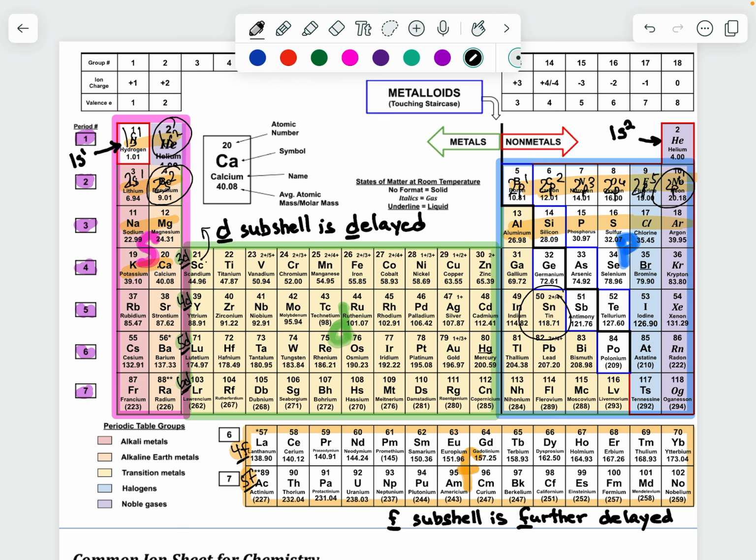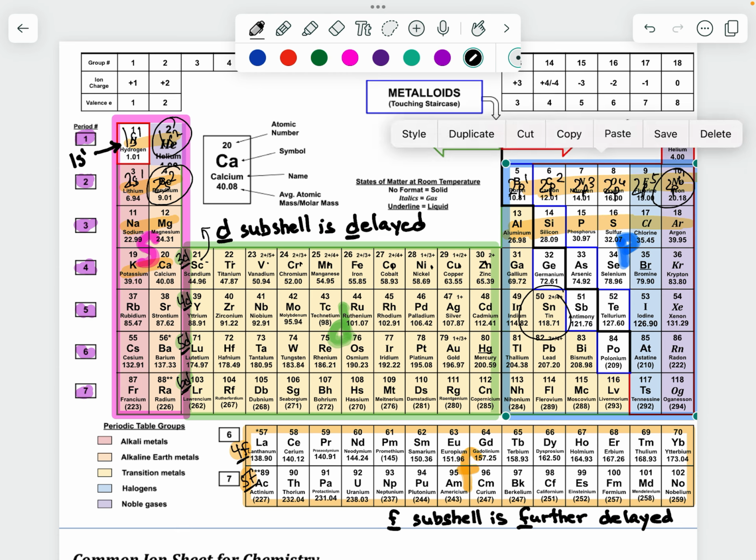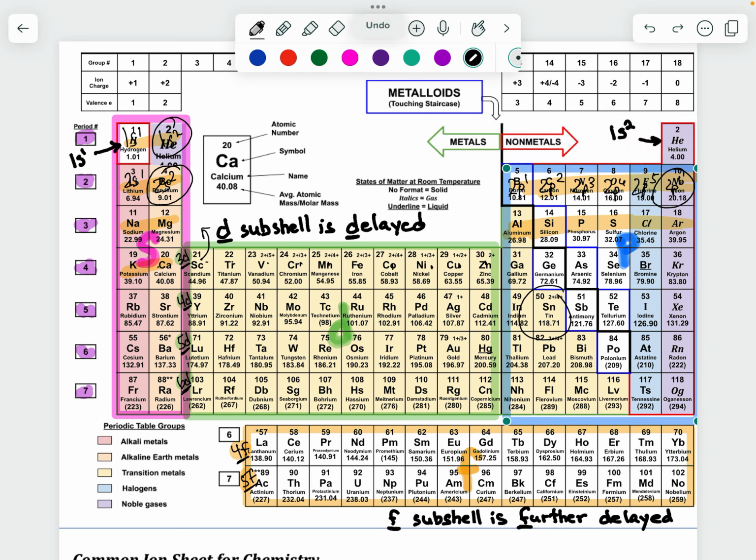You see, we can fit more than we could even in the P's, right? We have 3d1, 2, 3, 4, 5, 6, 7, 8, 9, and 10. Once we fill up that D subshell, the third energy level is now finally full. And we then enter, sorry about that, the 4p.